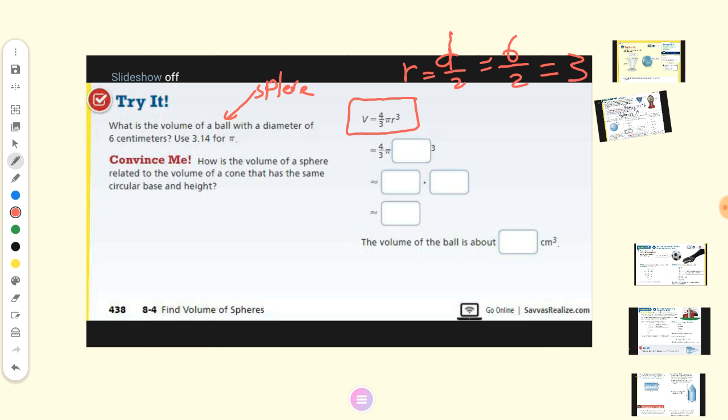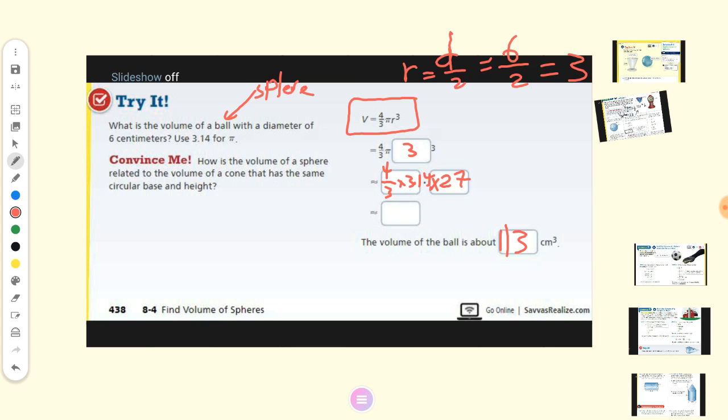So it equals 4 over 3 pi times 3 to the power 3, which is 27. Instead of pi, we will put 3.14. Multiply together and find the final answer, which is 113 approximately.